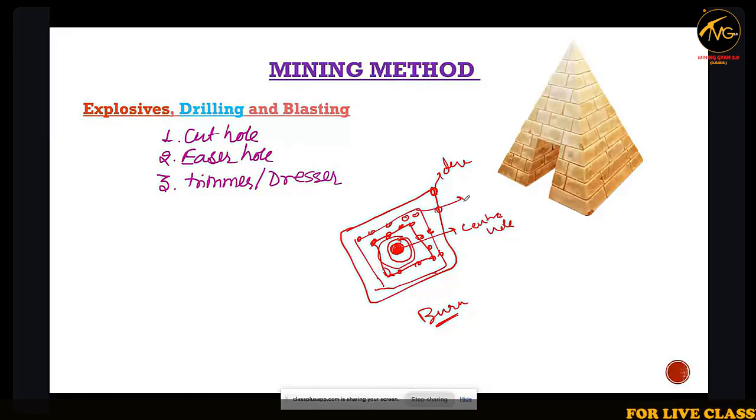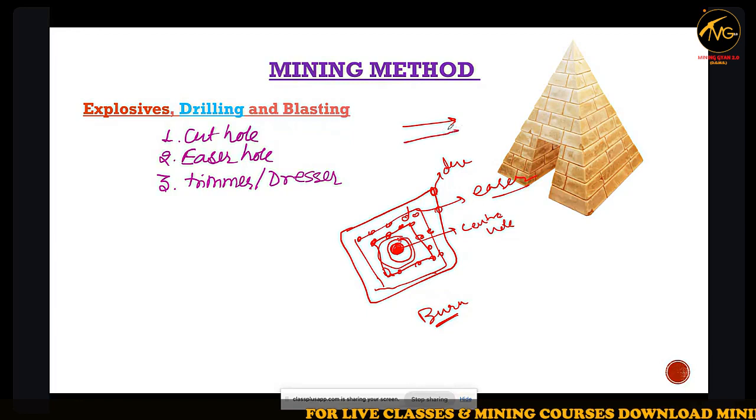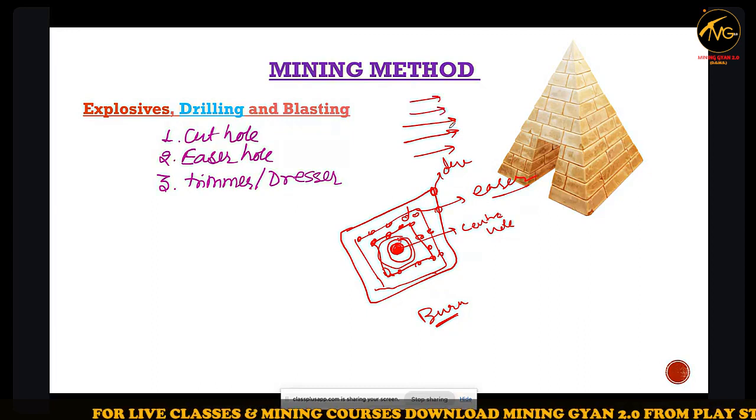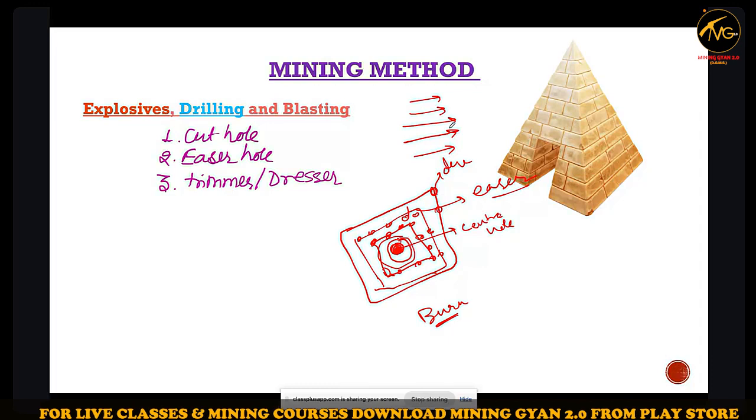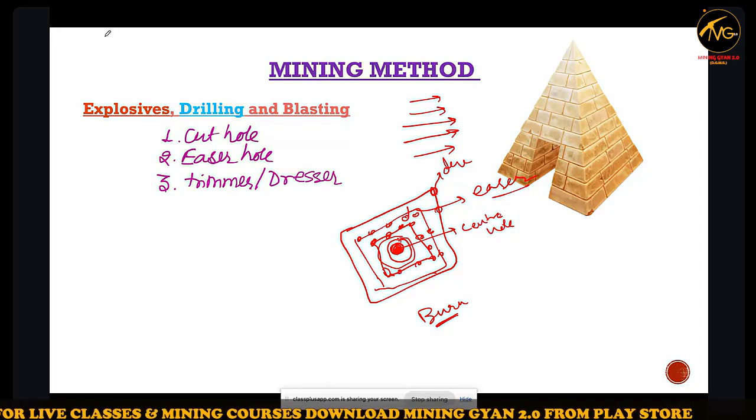These holes are called easers. Okay. In this burn hole, the holes are parallel, meaning straight, not inclined, unlike diamond drilling or the wedge cut or drag cut drilling. I have a video, but I will show you the video after the class.